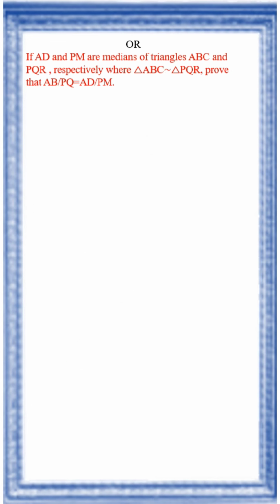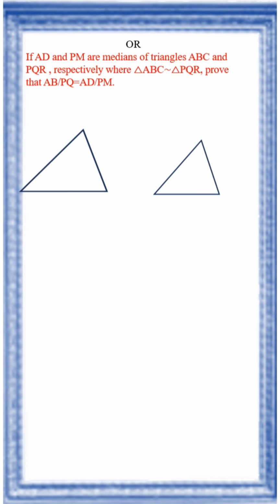There is an OR question for the triangle. If AD and PM are the medians of triangles ABC and PQR respectively, where triangle ABC is similar to triangle PQR, prove that AB by PQ is equal to AD by PM.